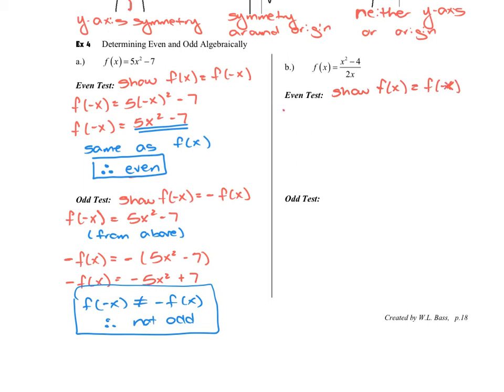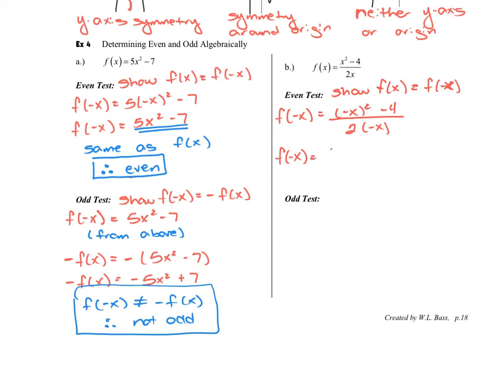So let's figure out f of negative x equals, we need to put a negative x in for that x squared minus 4, and I need to put a negative x in for the x in the denominator. Have to put it in everywhere. Now I'm going to simplify this, and I'm going to end up with my f of negative x.